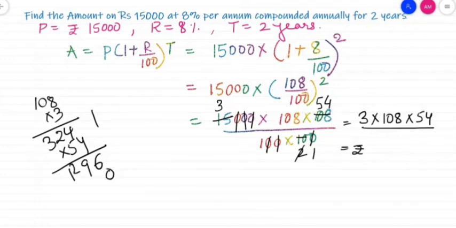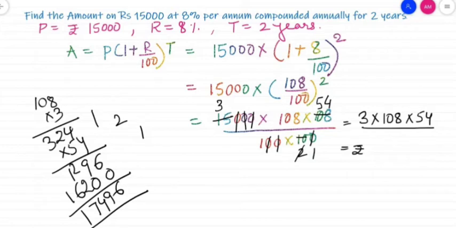Okay, now 0, 5 4s are 20, 5 2s are 10 into 12, 5 3s are 15 and 1 16. So finally the amount is 17,496.